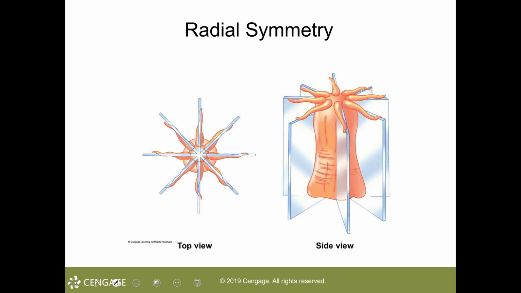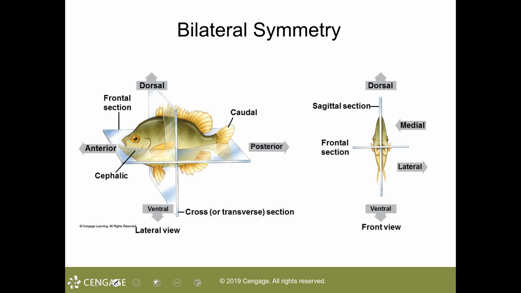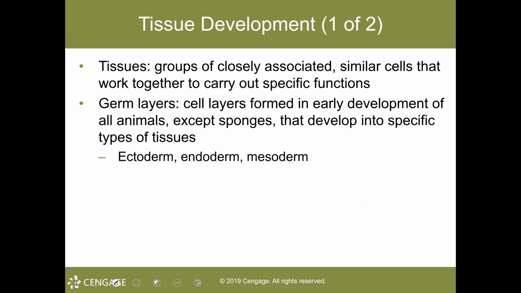So on your own time, class, please ensure that you all review these basic types of characteristics, such as cephalization, meaning the development of the head region, where you have those sensory structures concentrated. And also, class, just review terms such as anterior and posterior, dorsal, and even ventral. And I mentioned tissues.